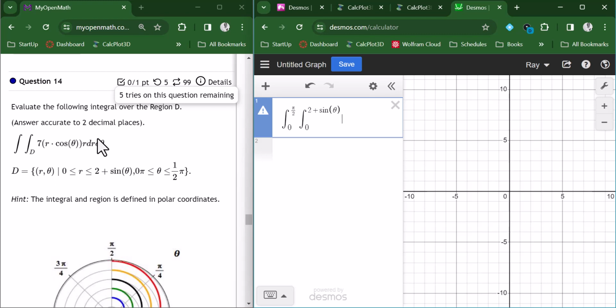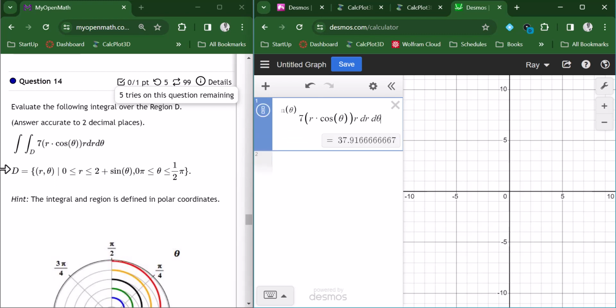And then we can't break this apart like we might have been doing in some of the examples that we've done before, because the limits are not constant. So we have an r times cosine of theta, and then we have an r, and then dr, and then d theta.